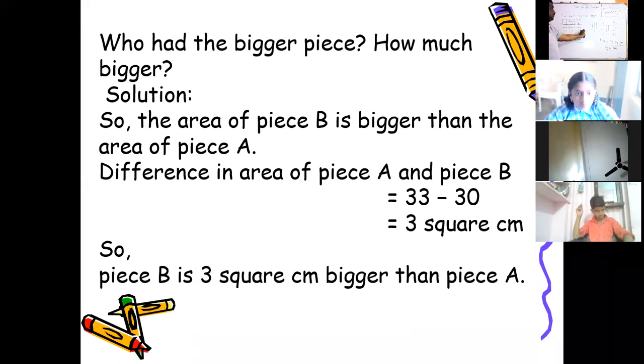It asks which is bigger and how much bigger it is. 33 and 30, the difference will be 3 square centimeters.